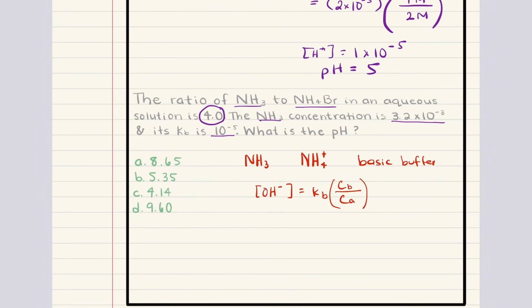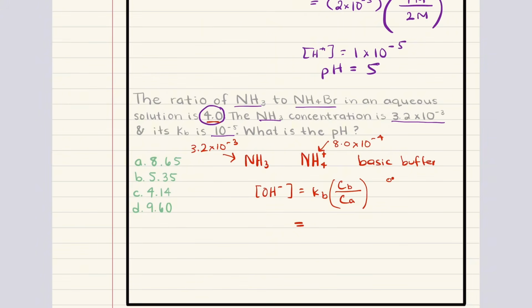Now I can plug in the numbers. The problem gives the base concentration directly. It is equal to 3.2 times 10 to the negative 3 molar. Then it tells us that the ratio of ammonia to ammonium is 4:1. So the concentration of ammonium must be 1/4 of 3.2 times 10 to the negative 3, which is 8.0 times 10 to the negative 4 molar.